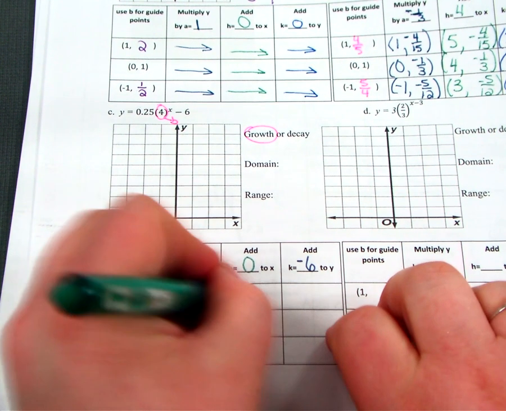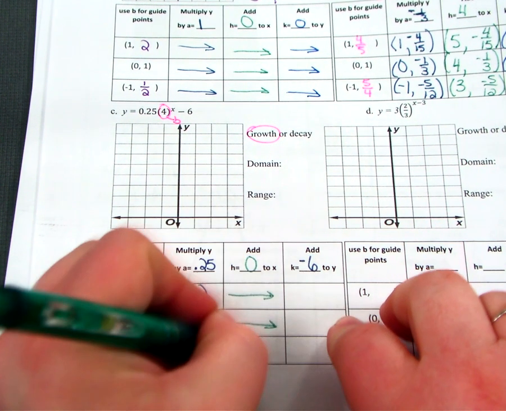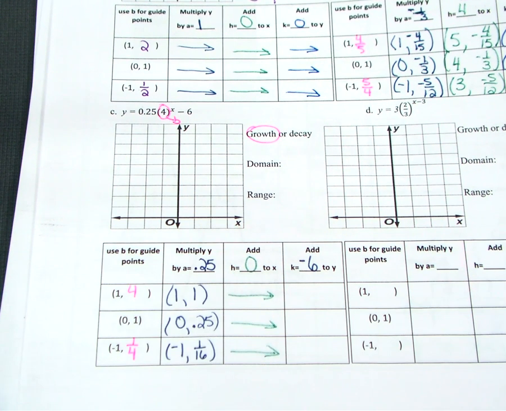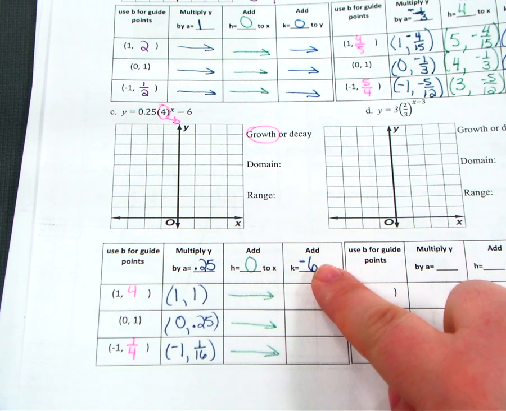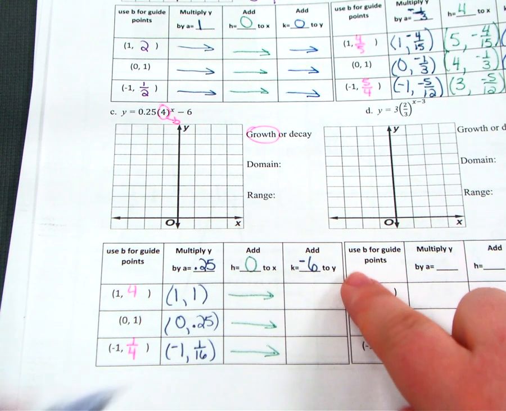Okay, adding 0 does not change anything. So rather than recopying all those points, I'm just going to draw arrows over. And then add -6 to all the k values.